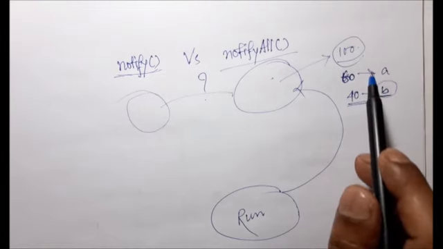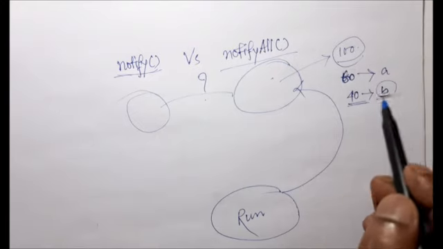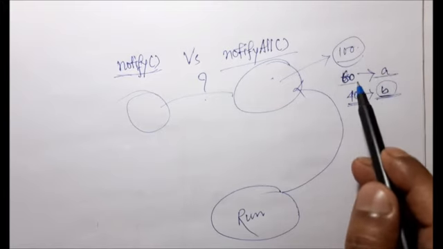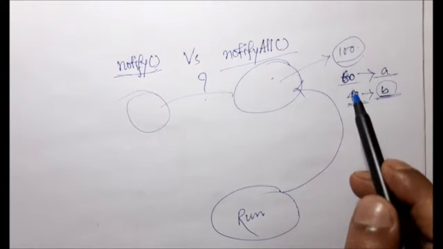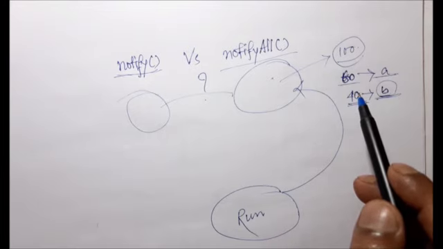So notifyAll means the threads which are in the waiting state to get the lock on object B. If they are waiting for object A, then 60 threads will be notified, not all the threads; the remaining threads will stay as they are. So the threads waiting on a particular object lock will be notified.